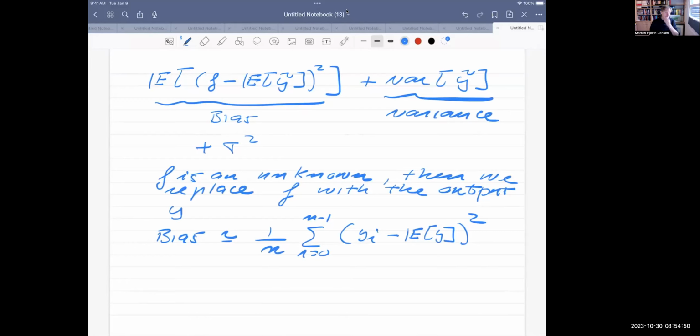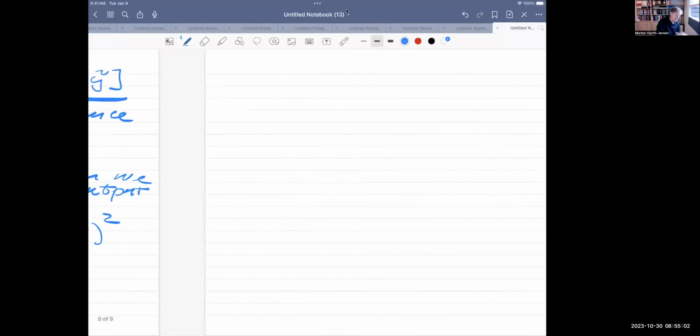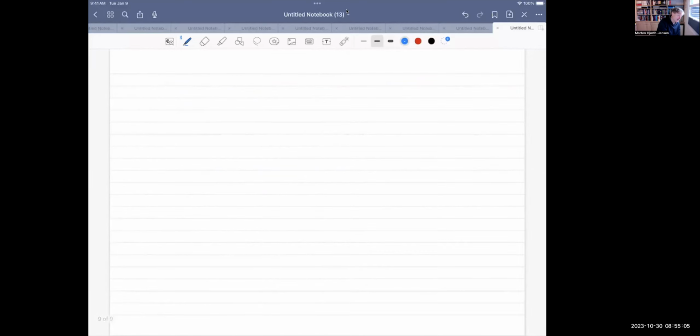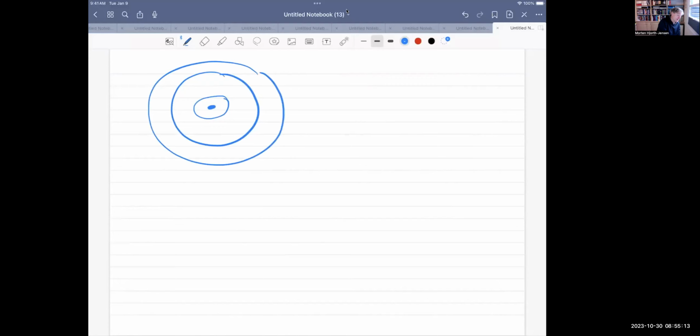Now, one way to understand this is to go back to the image which we looked at last week. And let's take a closer look at that before we move into numerical examples. So you can now think of a case where you have a target in here. This is the target you want to reproduce. And then you have these different circles. Now, let's say we have a high bias.